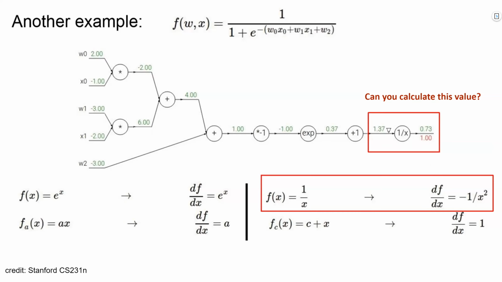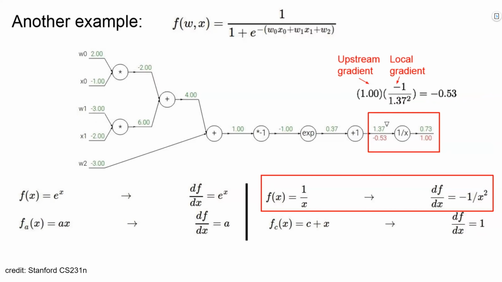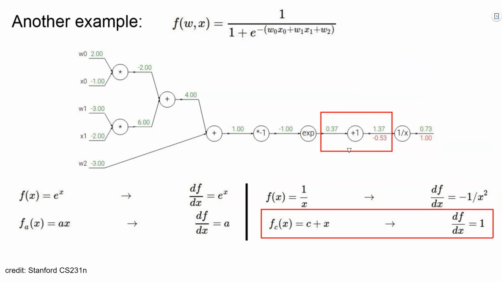How can you calculate the gradient at this point? Here we need to use this value and this one. And the upstream gradient is 1. So the local gradient is 1 divided by 1.37 squared. And it becomes minus 0.53. And what about at this point? We need to use this rule.